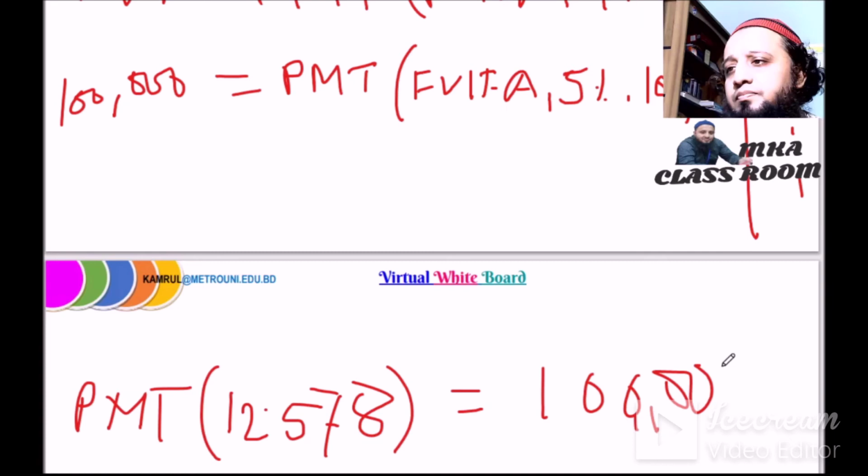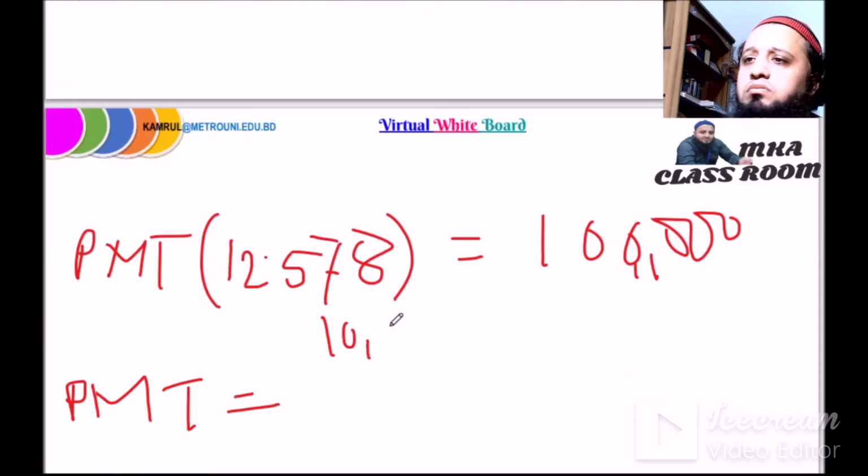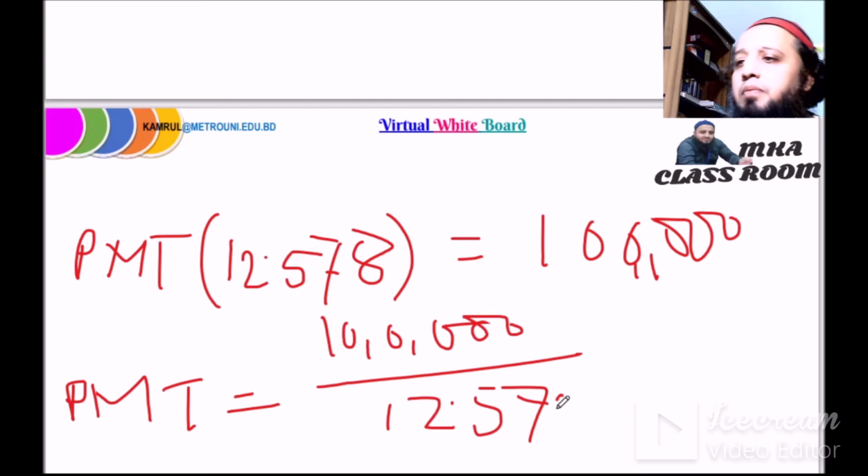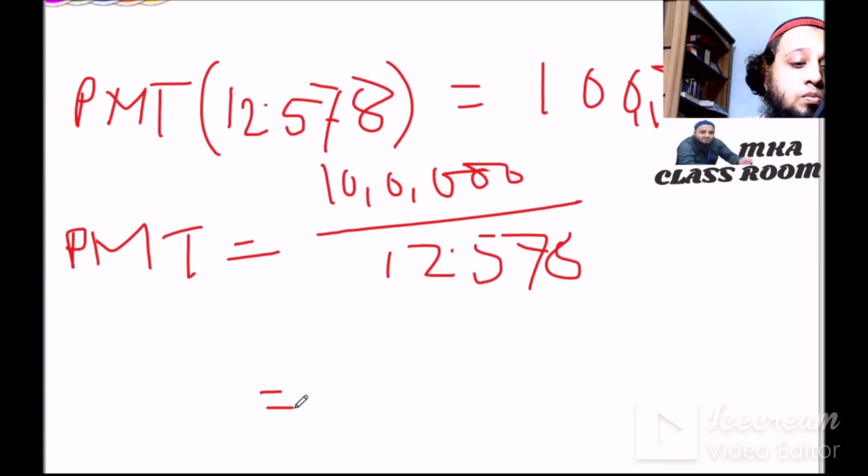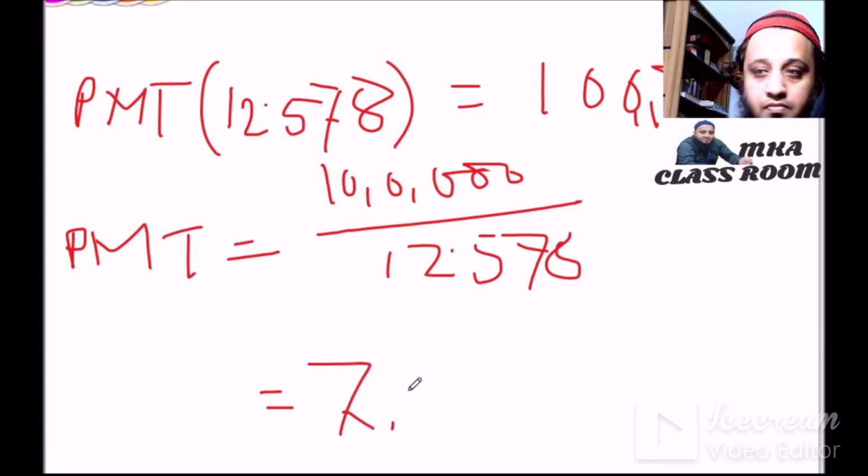So PMT equal to, it is very clear. If we divide this amount, 1 lakh divided by 12.578, we get 7,950.39.